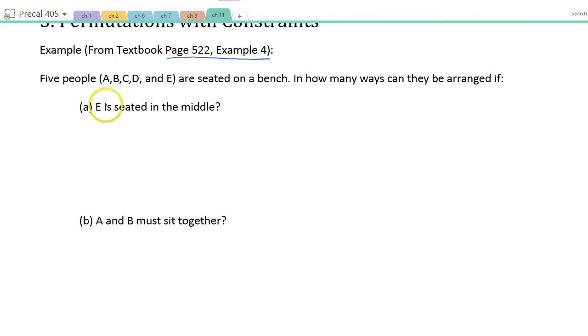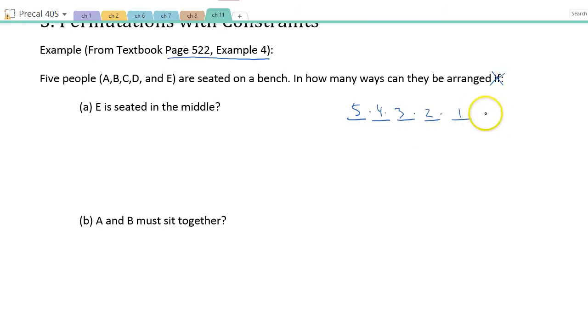So before we go on this constraint, let's just think about, okay, if we got 5 people on a bench, so we have 1, 2, 3, 4, 5 spots, and let's say that there were no constraints. Let's pretend right now, in how many ways can they be arranged, and forget about the if part, okay? Well, for the first person, there's 5 different ways because there are 5 people, and then we could put 4, and then 3, 2, and then there's only 1 left, we have to put that person there.